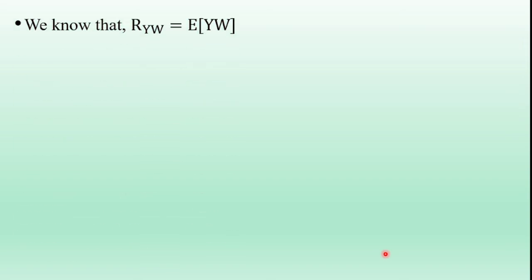And next, find R suffix YW. We know that R suffix YW is equal to the expectation of YW.